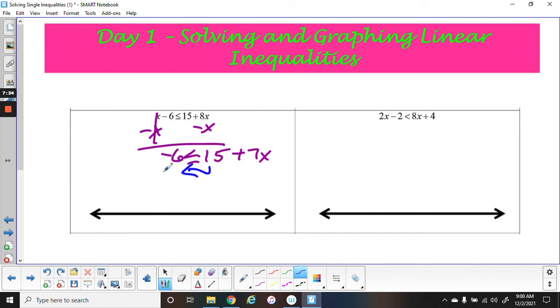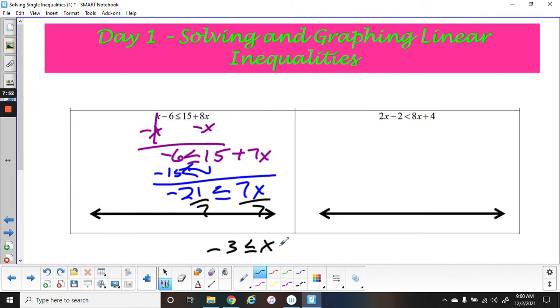Then I'm going to subtract 15. -6 minus 15 is -21 is less than or equal to 7x. Then I'm going to divide by 7. So I get -3 is less than or equal to x.